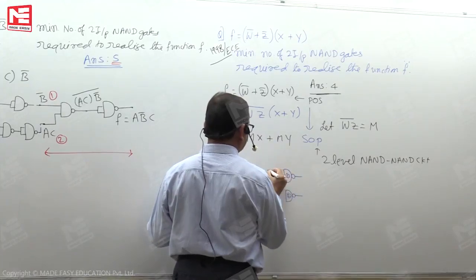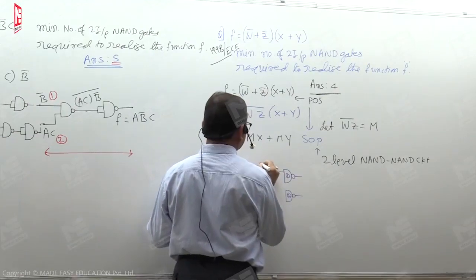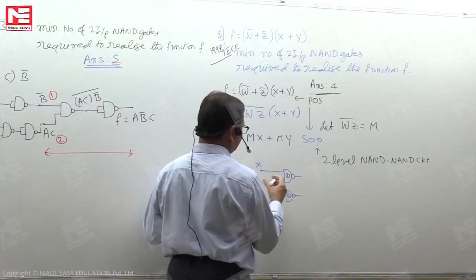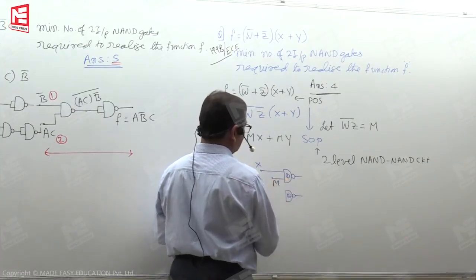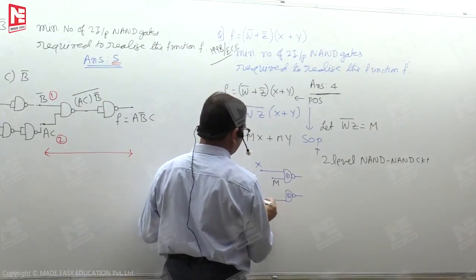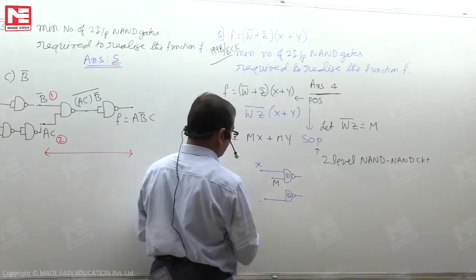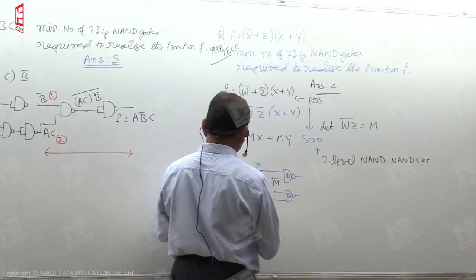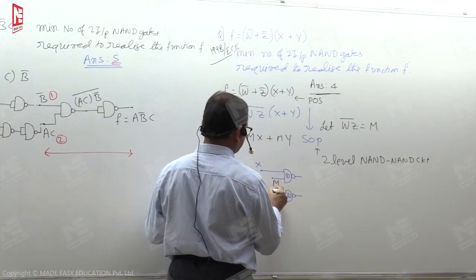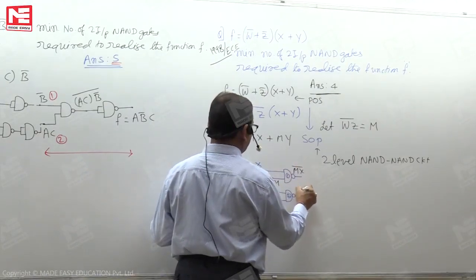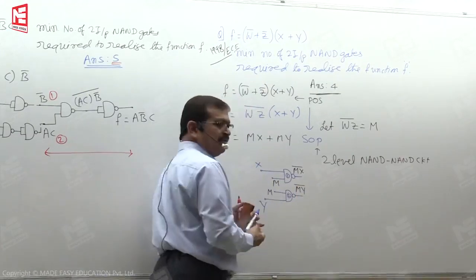The gate 1 inputs, if you look here, one is X, the other input is M. For gate 2, one input is Y, and the other input is M. So here it is MX complement, here it is MY complement.